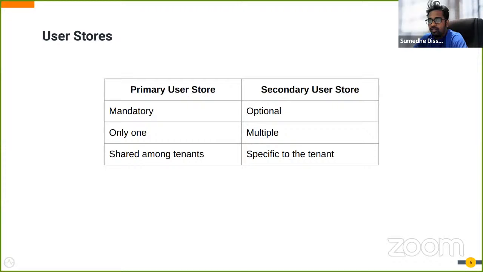The primary user store is shared among all tenants, but that is not the behavior of the secondary user store. It is specific only to the particular tenant that configured that user store.